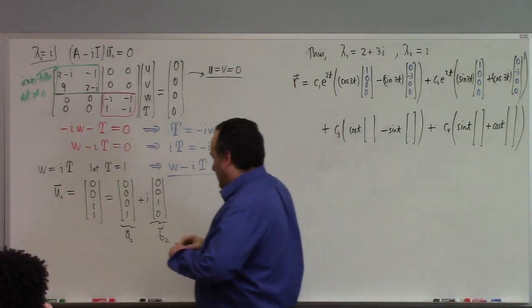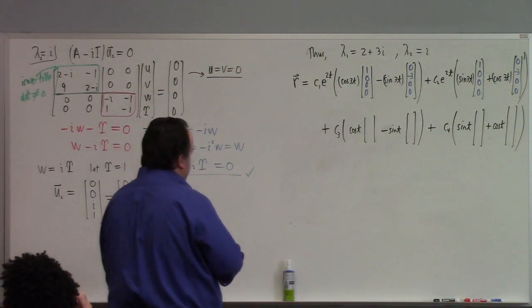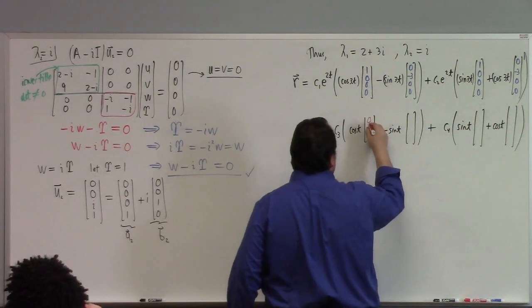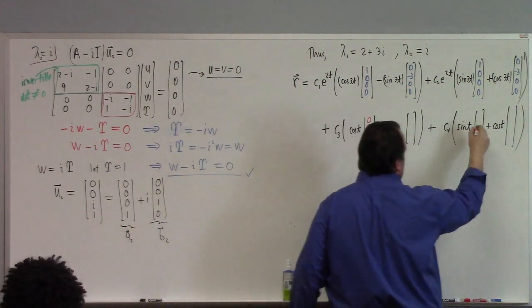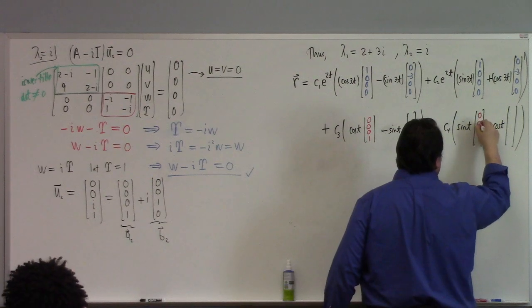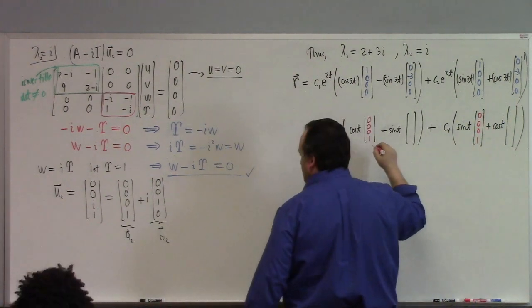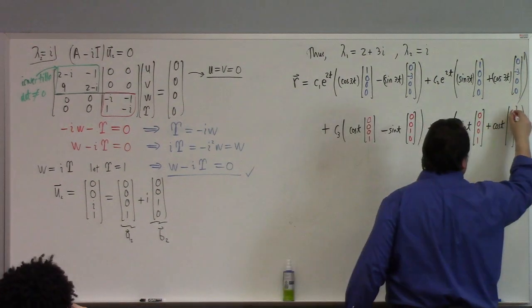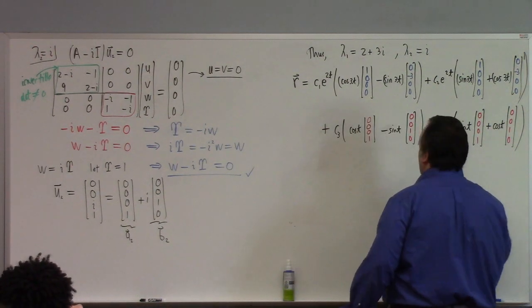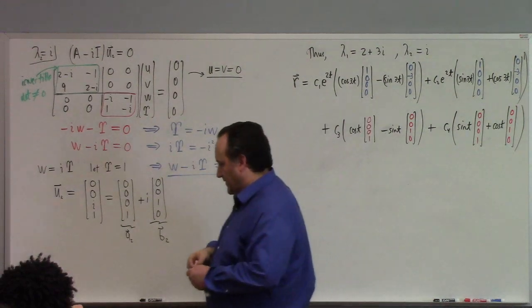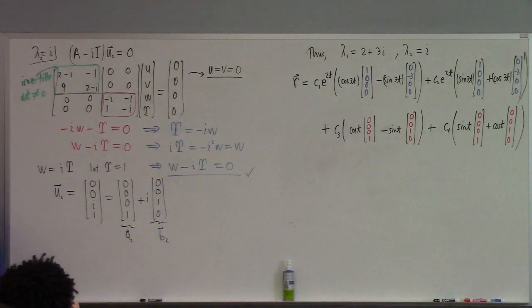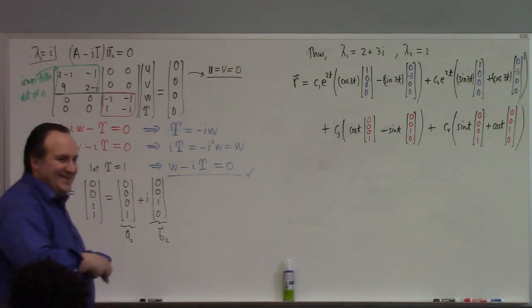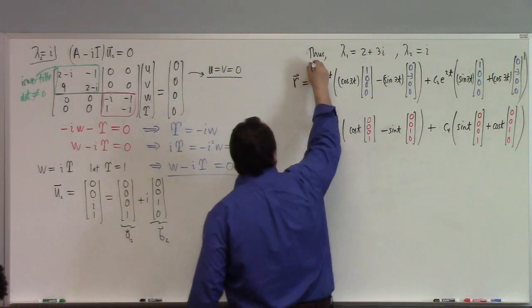And last but not least, my a2 was 0, 0, 0, 1. And my b2 was 0, 0, 1, 0. You'll forgive me if I don't write out the scalar solution this time, because I just don't feel like it. Okay, but here you go. This is the vector solution.